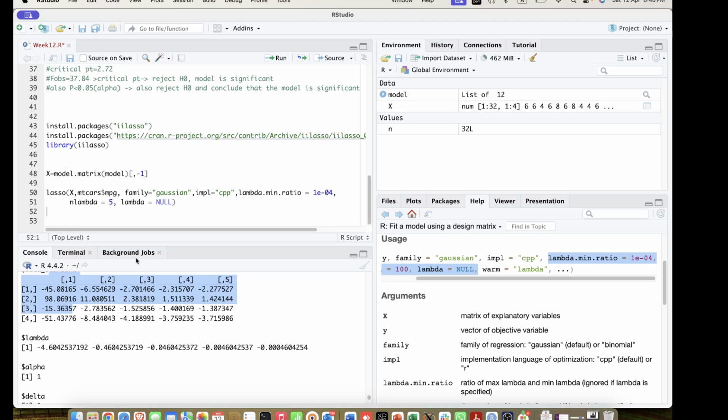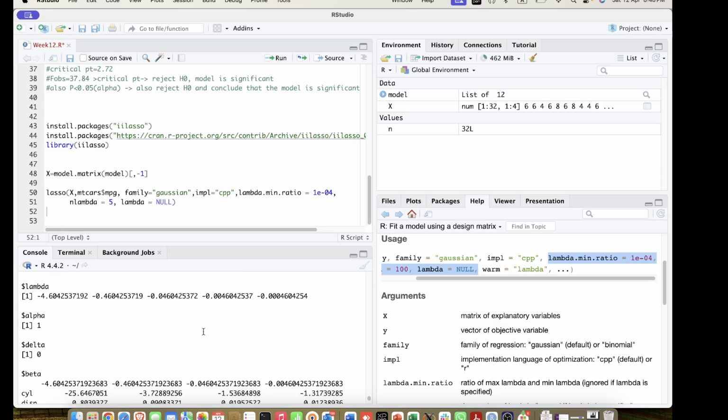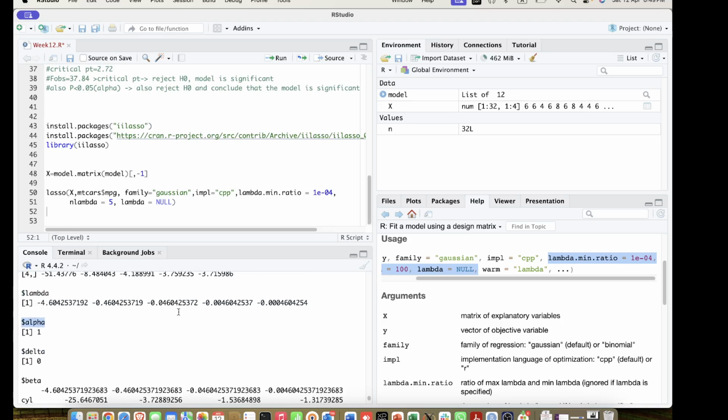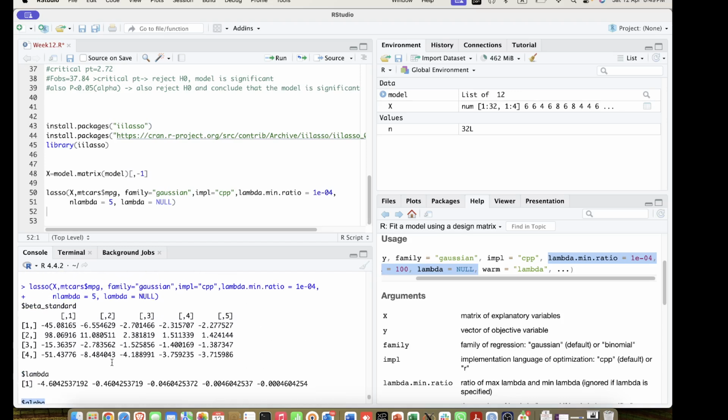Okay, now this one is a little difficult. I mean, none of the variables have been shrunk to 0. Alpha is the new intercept that we have over here, and from here we'll have to choose the lambdas, and then once we have chosen the lambda, we'll have to put this alpha and the corresponding beta set, and that will be our lasso regression.